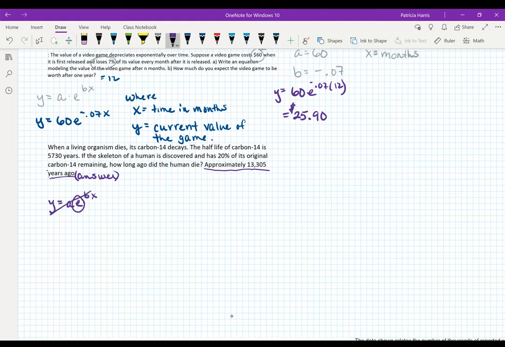So we're not going to use this. We're going to use this. This is the amount of carbon-14 left.